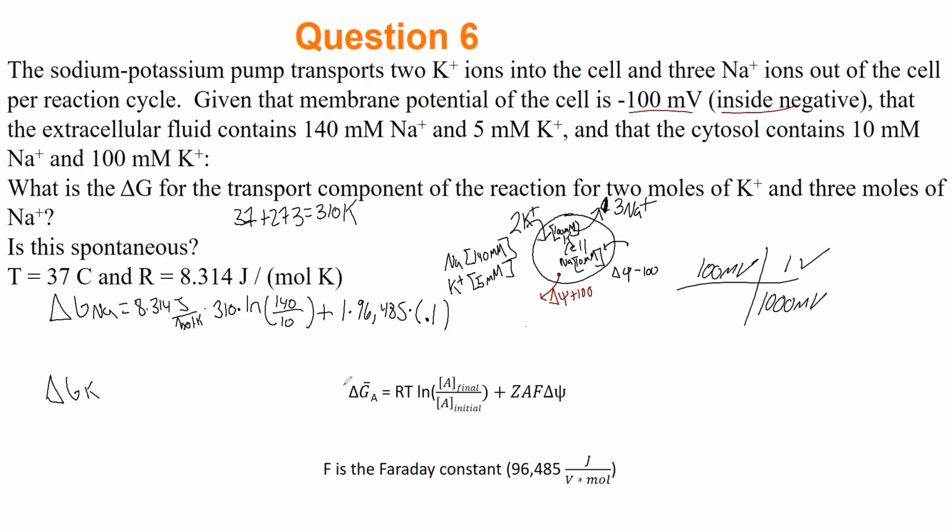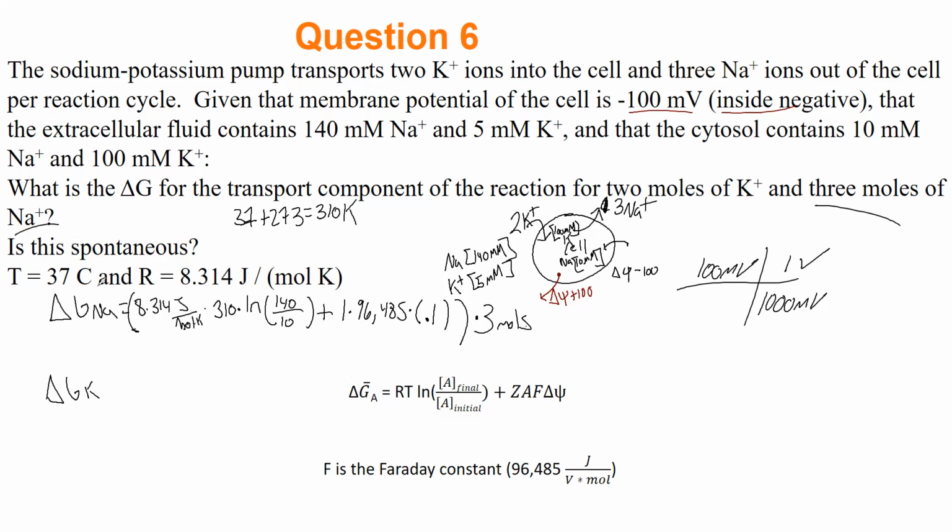Now, one other tricky thing about this equation is that we are moving 3 sodium ions, not just 1. So we have to do this equation 3 times, or that basically means we take this whole thing and multiply by 3, because each ion is feeling this free energy change. Or it's actually 3 moles, because I'm moving 3 moles of sodium.